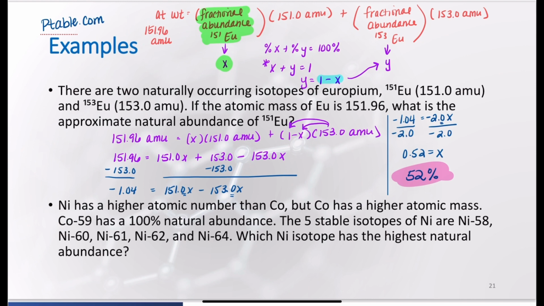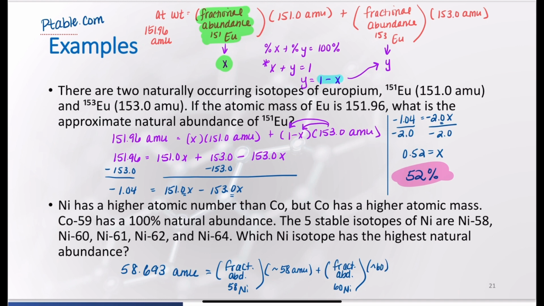If I look at nickel, I see that nickel is listed with an atomic mass unit of 58.693. What I know is this is equal to the fractional abundance of nickel-58 times the mass, which would be around 58, plus the fractional abundance of nickel-60, which is going to be around 60.